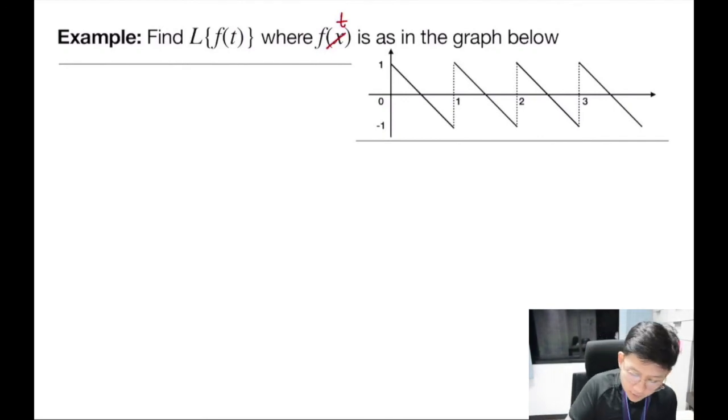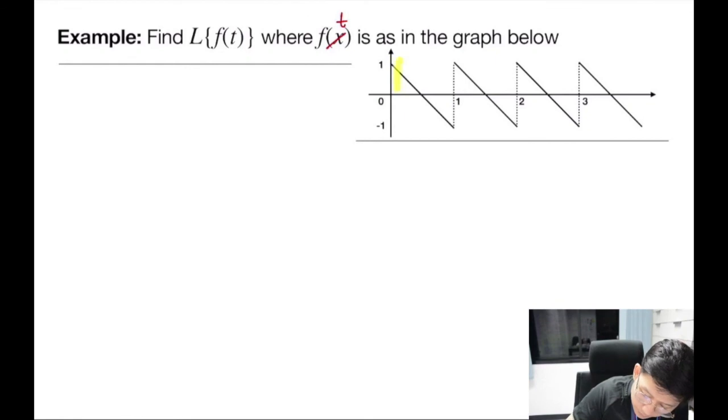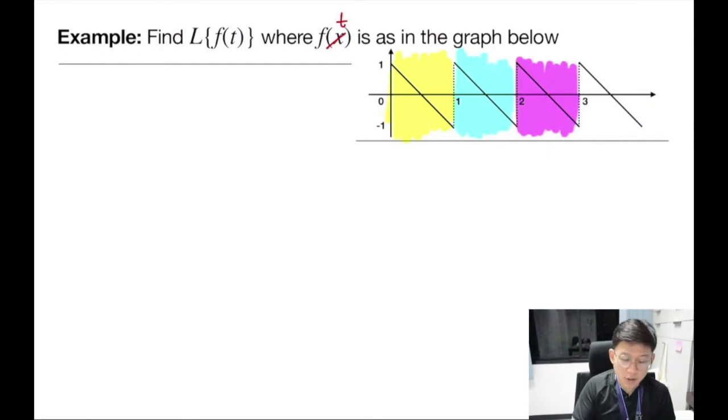So guys, here you can see that for this interval, it looks like that, right? And then it's repeated, right? It repeated and it repeated again. Make sense? Which means that the period is 1.